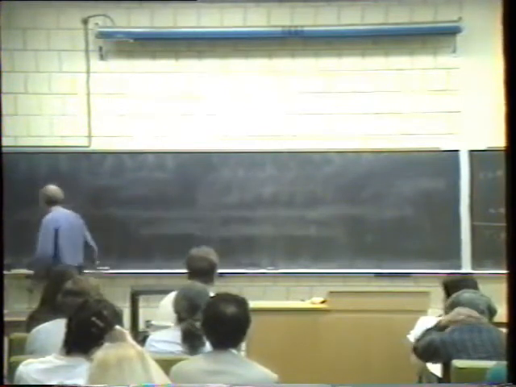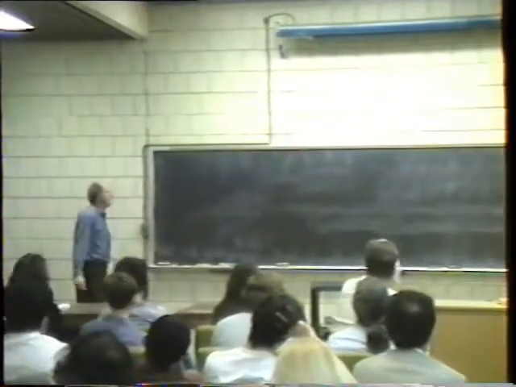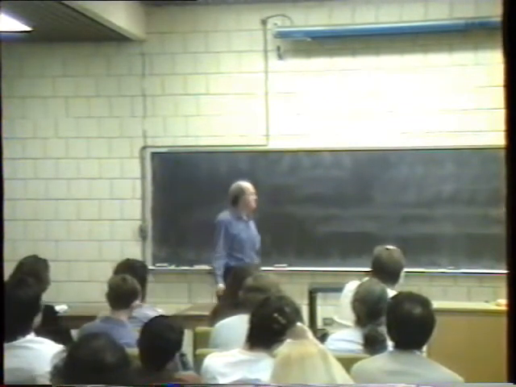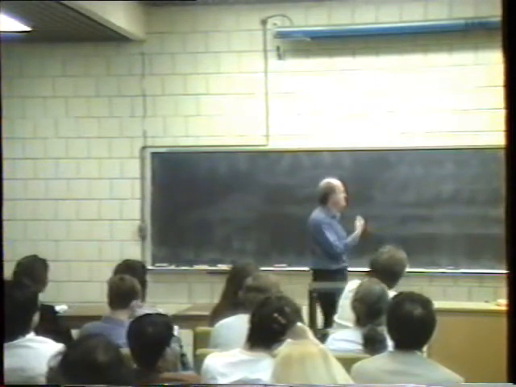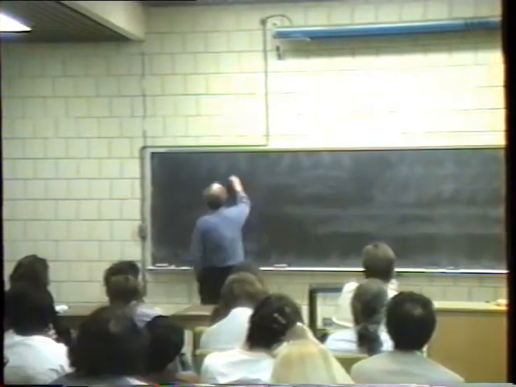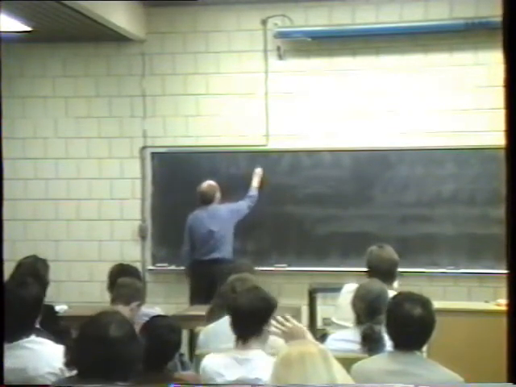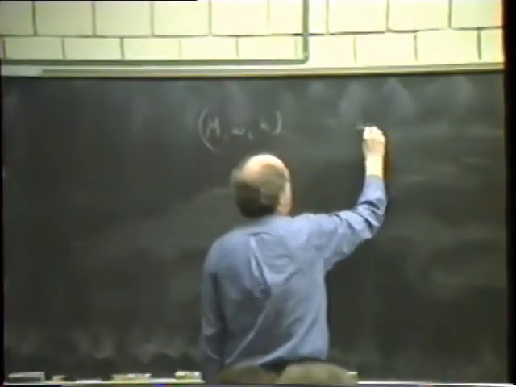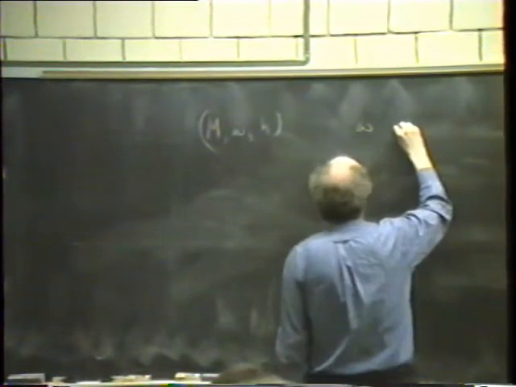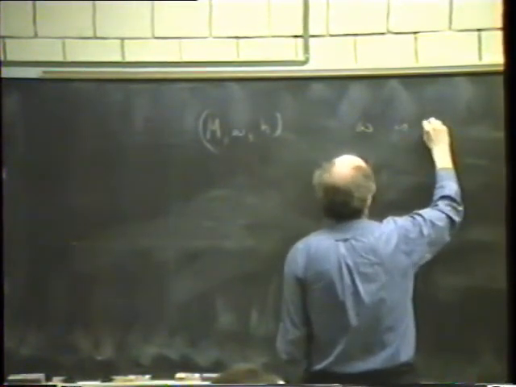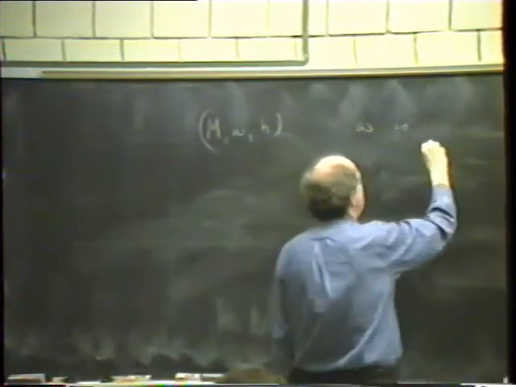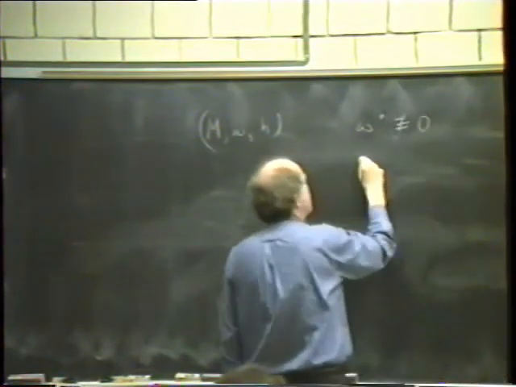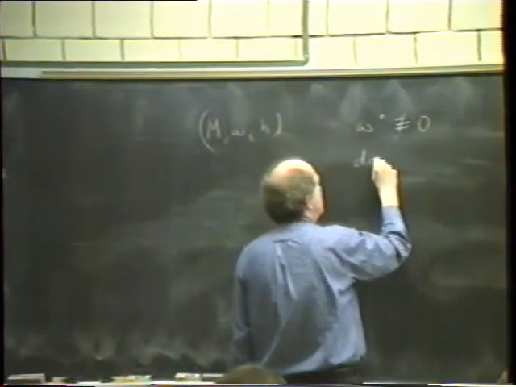See, there's a basic property that I guess the standard examples from mechanics have. We have this symplectic manifold (M, omega, H), and omega is a symplectic structure, so it's non-degenerate: omega^n does not equal 0, and d omega equals 0.